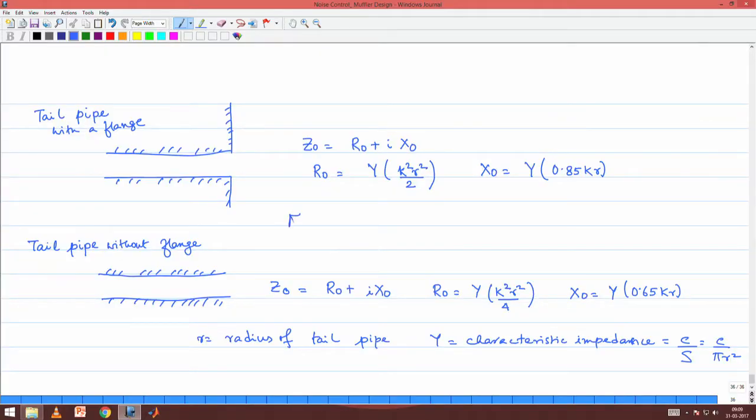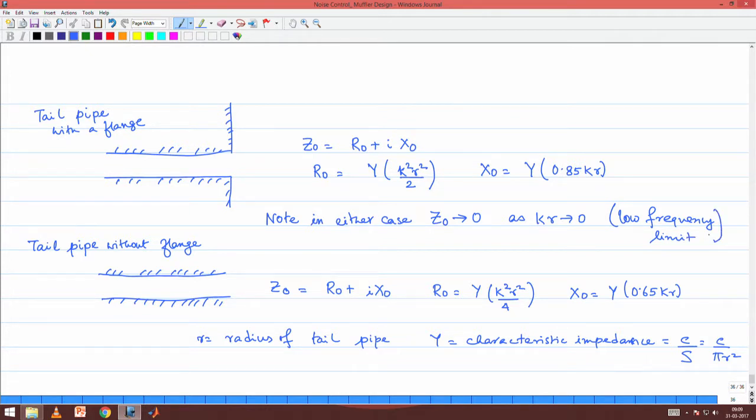So, when wave number times radius is extremely small, or in other words when the frequency is very small, then these impedances will go towards 0. So, note that in either case, that is whether you have a flange or you do not have a flange, Z0 tends to 0 as kr tends to 0, which is the low frequency limit. So, all that we have done till now is not simply trashed away.